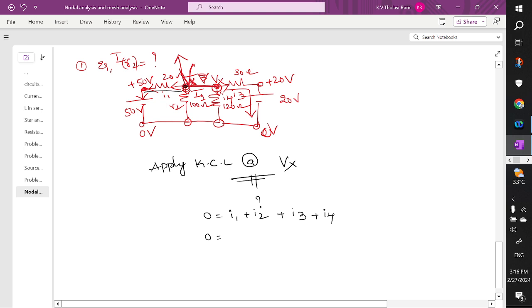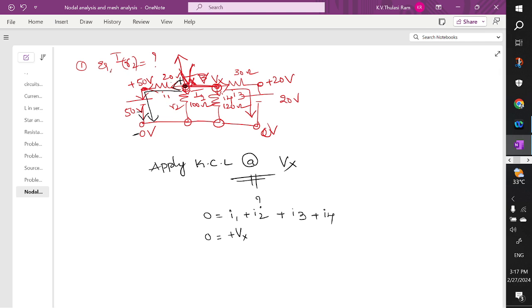So how to write down this branch current I1? I already told, current is leaving, so positive polarity. What is the leaving polarity of the voltage? So plus Vx, and this is how much potential? This is minus 50. Current is leaving. What is the leaving polarity you are having? Minus.